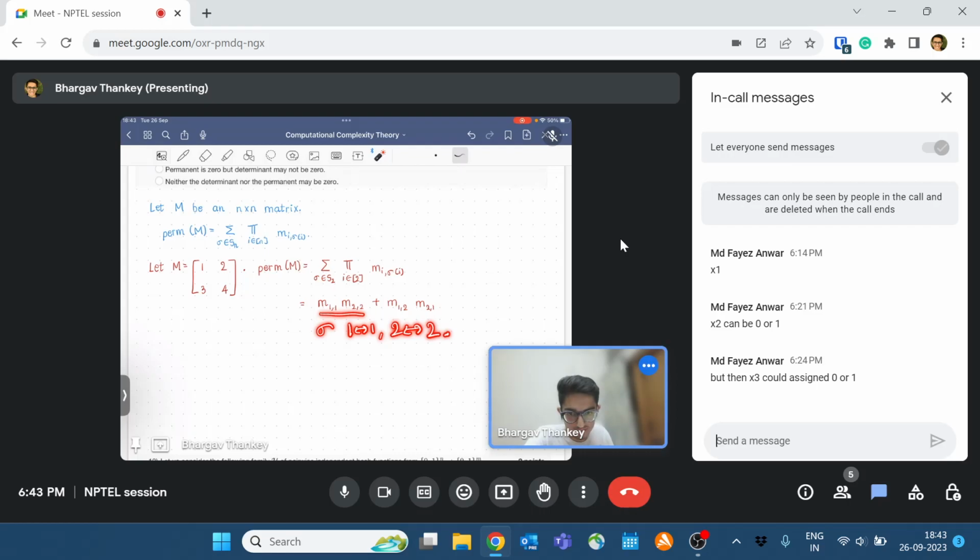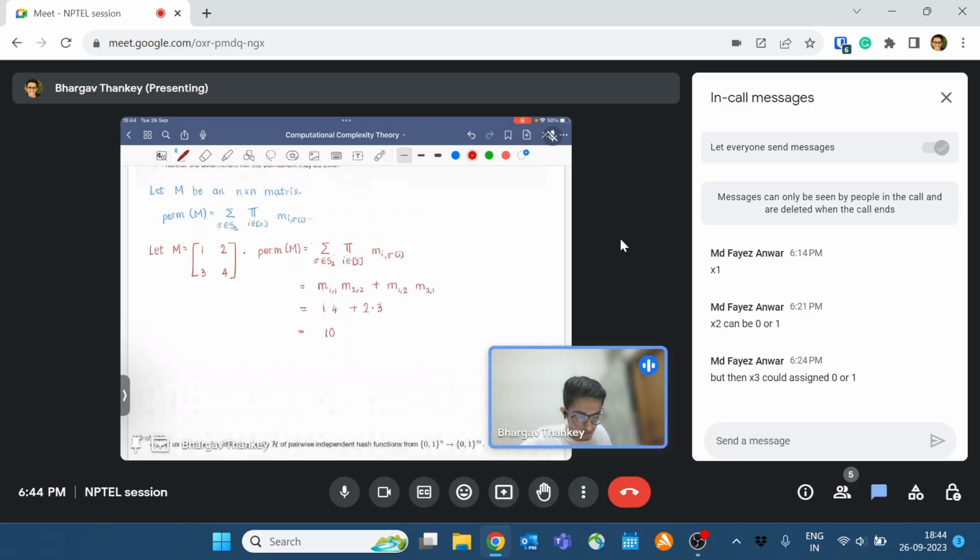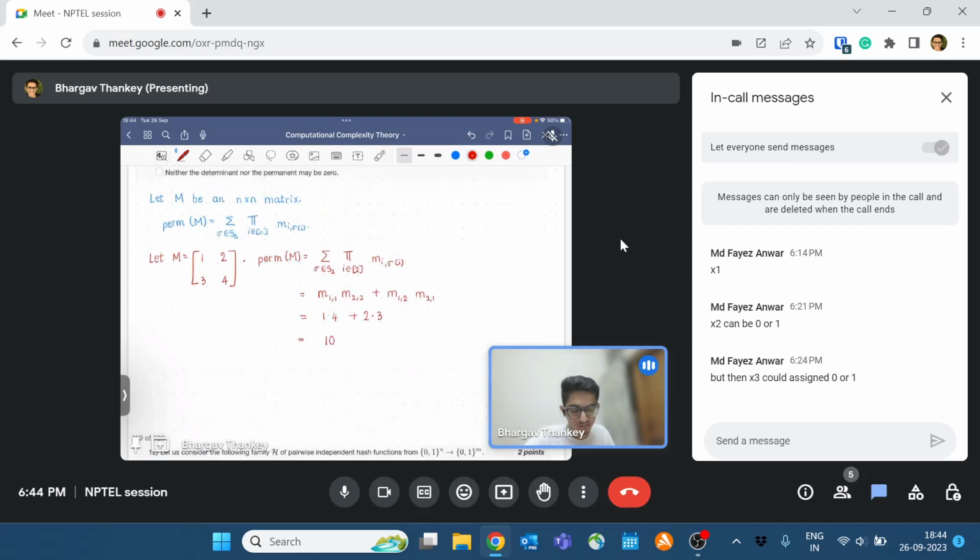Similarly, over here, the permutation maps 1 to 2 and 2 to 1, so M1 sigma 1 is M1 comma 2 and M2 sigma 2 is M2 comma 1. This is 1 times 4 plus 2 times 3, which is 10. So this is the permanent of this matrix.